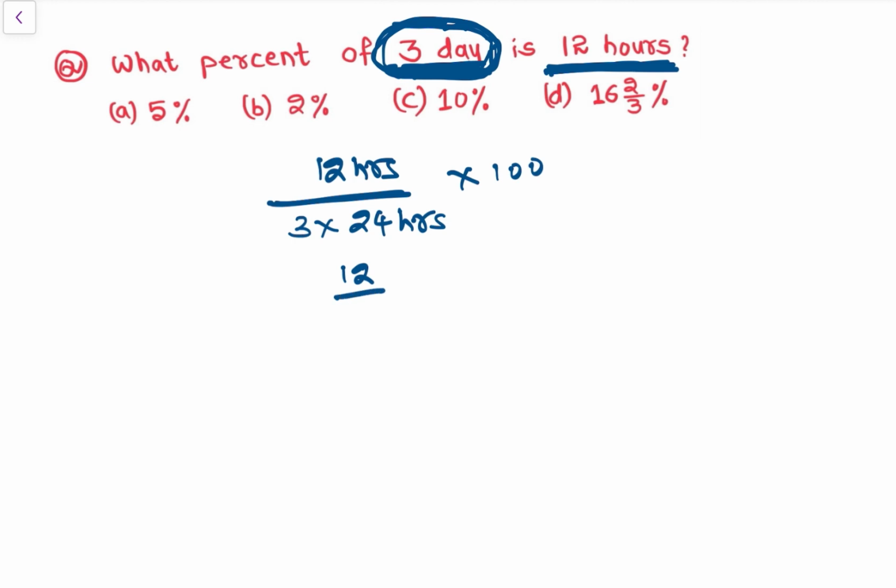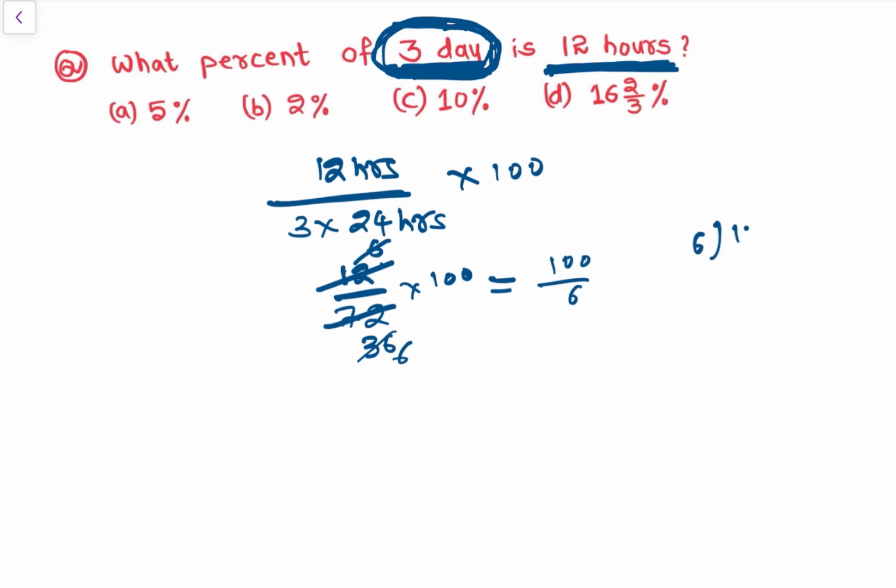So 3 into 24 is 72, so 12 by 72 into 100. 12 by 72 is 1 by 6, so that is 100 by 6.